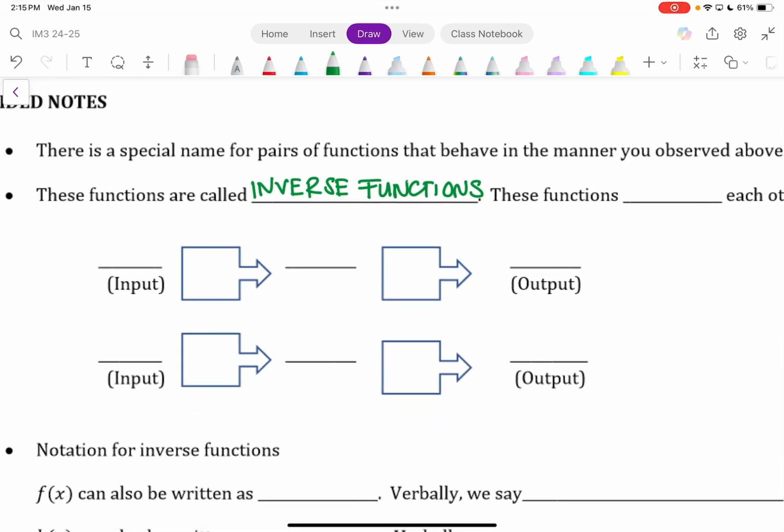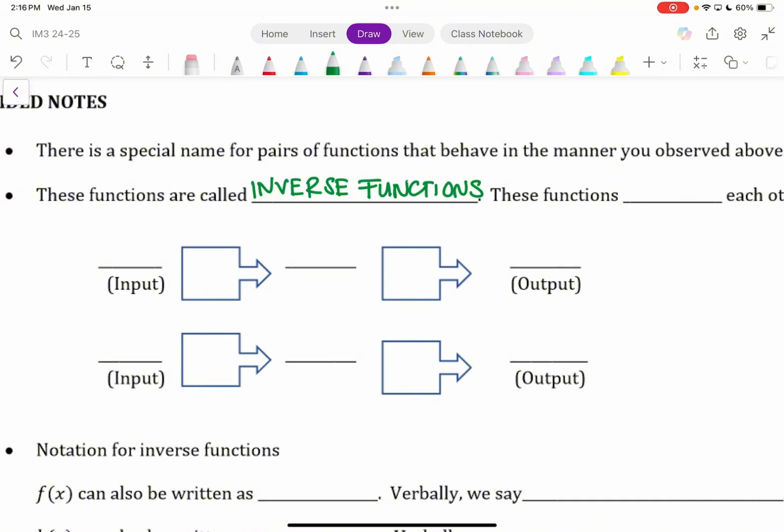And I'm going to give you some examples of inverse functions that are very basic. For example, the inverse or the opposite of adding is what? Subtracting. What about the inverse or the opposite of multiplying? Dividing. So these are inverse functions, right? Now think about what's going on as one inverse affects the other.